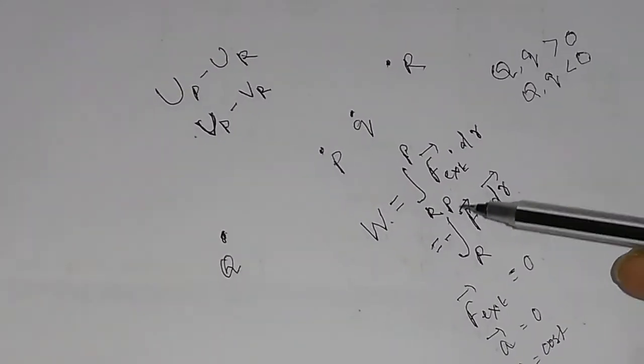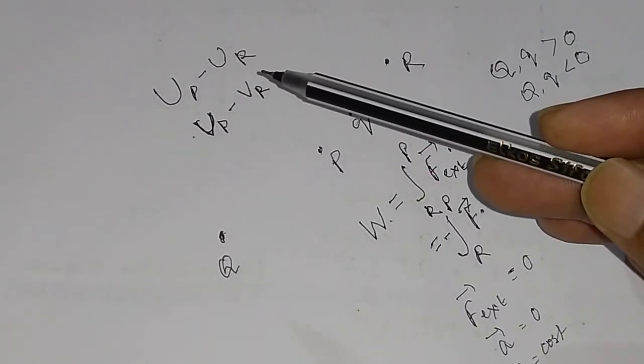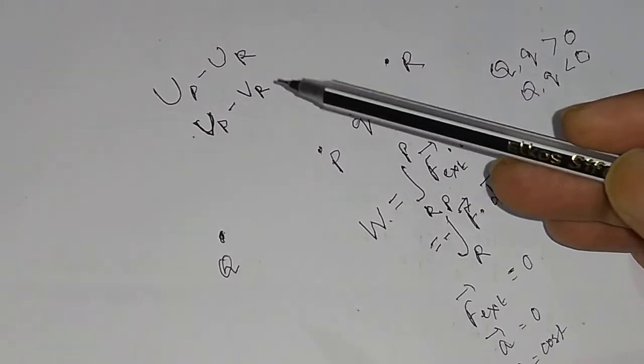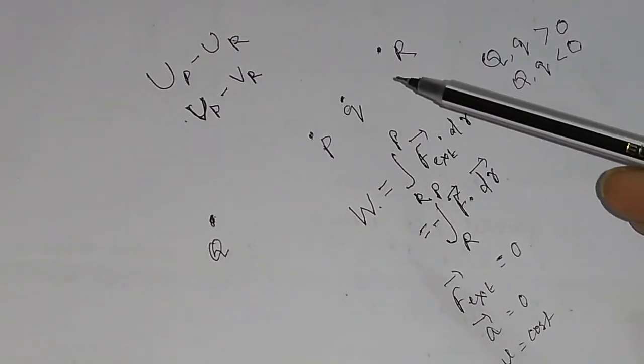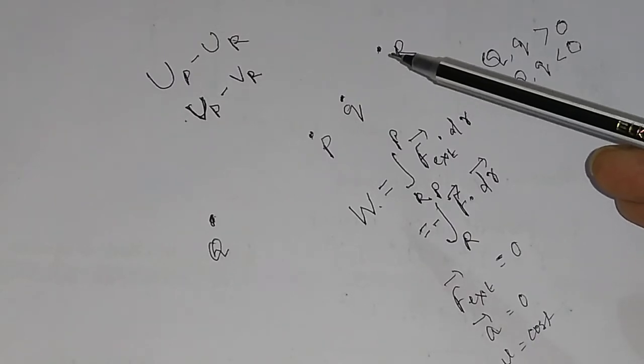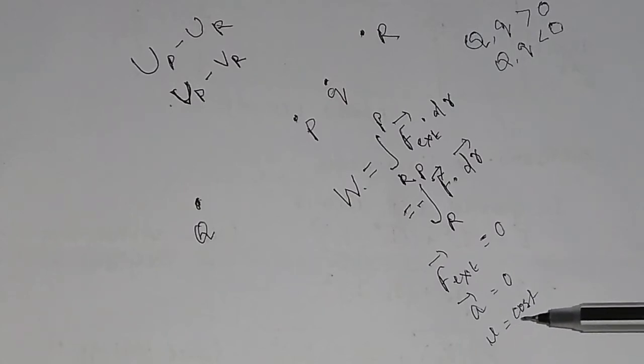So remember, we can define the electrostatic potential energy difference between two points if we do external work to move a charge from one point to the other in such a way that the velocity is constant.